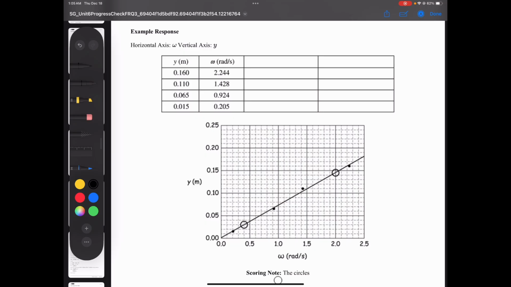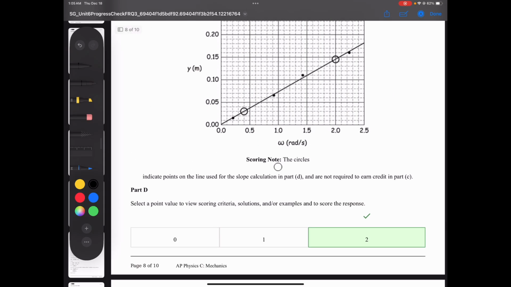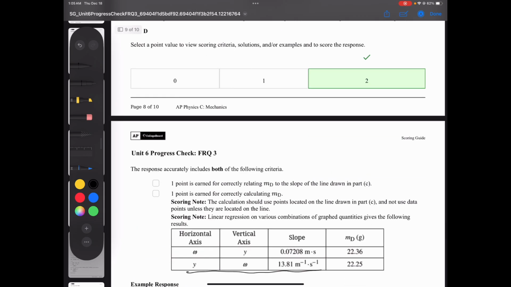So I draw a best fit line that fits through all the data points, and I pick 2 points on the best fit line in order to determine the slope. You can't determine the slope from the data points. You have to use points that are on the line, that are not necessarily data points. So that's pretty much it.